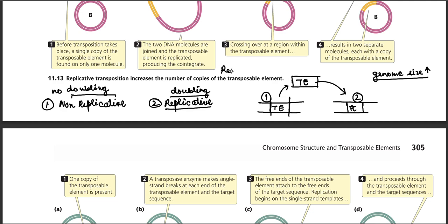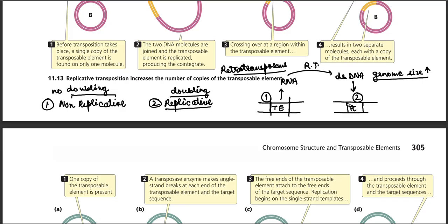Now there is the concept of retrotransposons. If I talk about the retrotransposons, they are also moving from one place to another. But what they do is, here they generate their RNA. This RNA moves and here it converts into double-stranded DNA through the process of reverse transcription and then gets integrated.